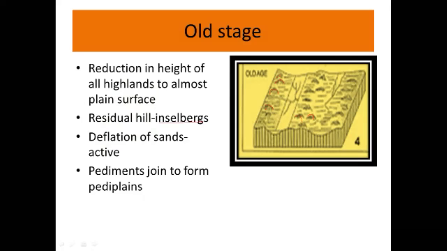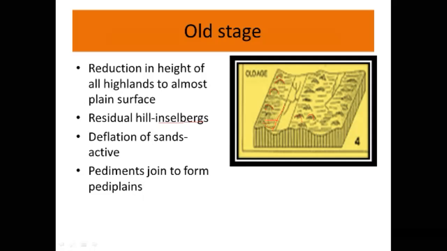And deflation of sands is also very active here, and many pediments join to form pediplanes. At the end of the old stage, this has become almost a plain surface.